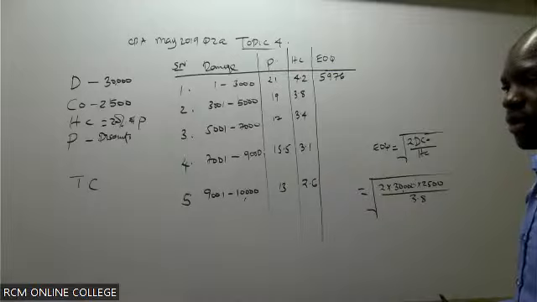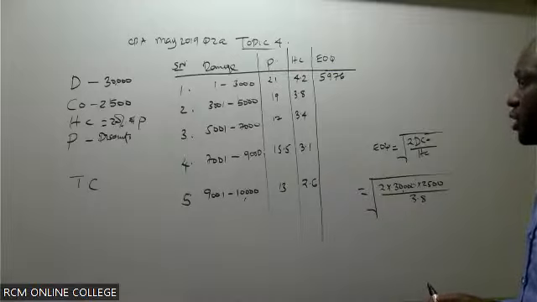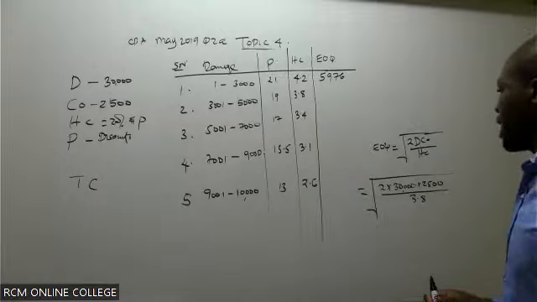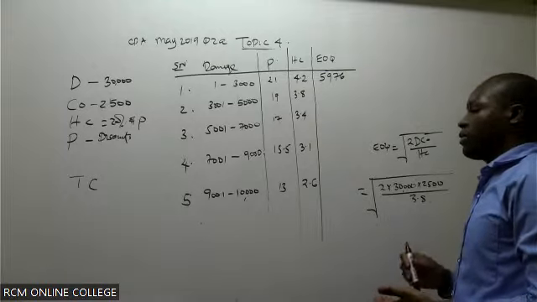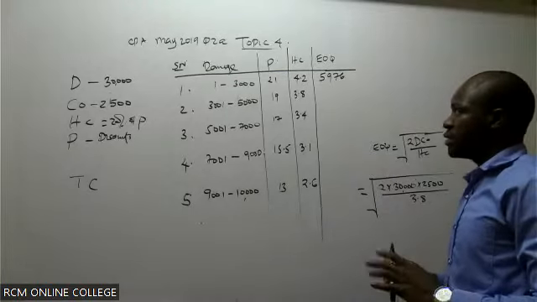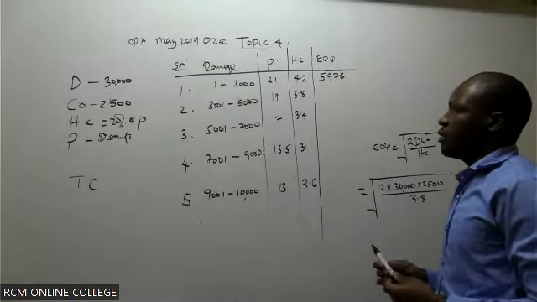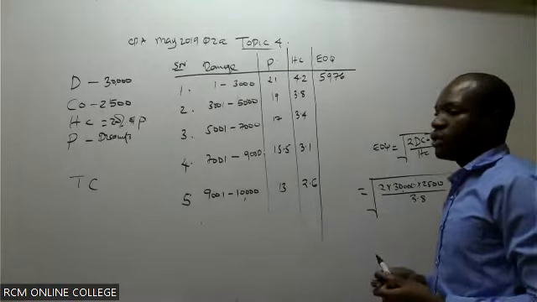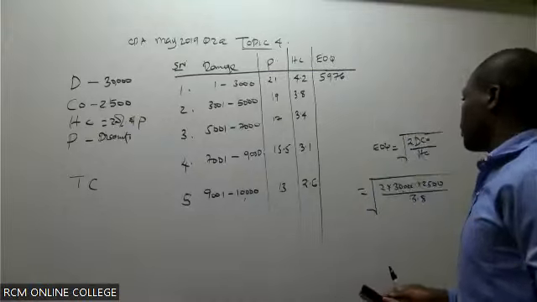DC anapata ngapi? 5620. 6283. Watu wanafanya vitu zingine hapa, wanakosea. You must be having 1986. Wow. Watu wanakosea. We must have the same answer, 6283.